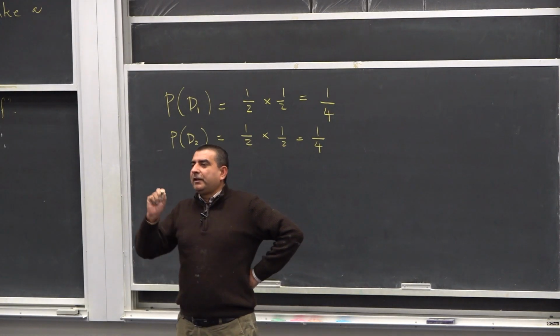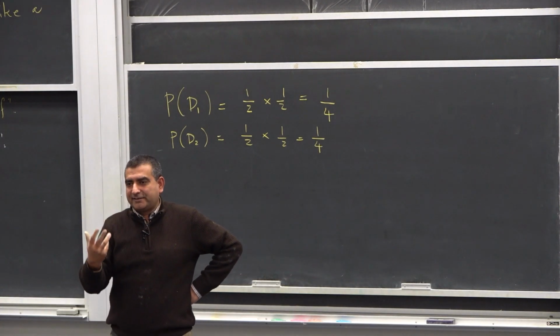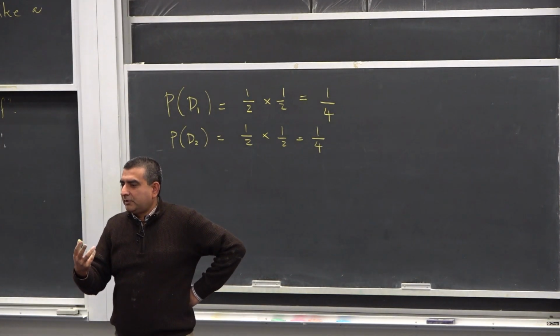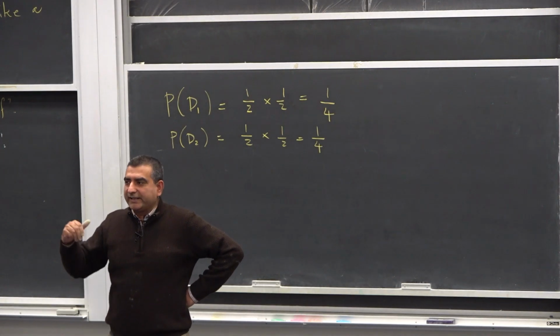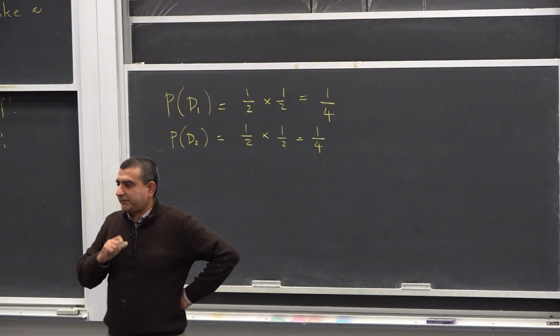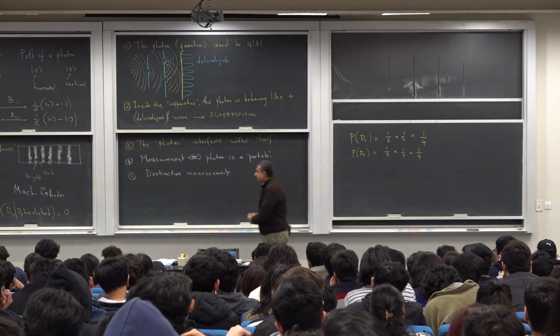Question. Okay, the easy question. If D3 has clicked, can we infer from the click of D3 the path of the photon inside the interferometer? Yes. Because now it has gone through this path.